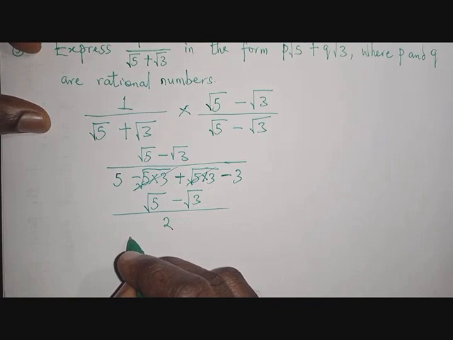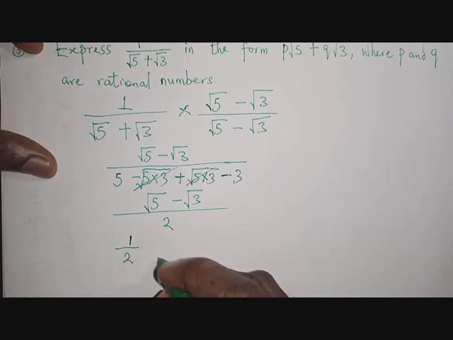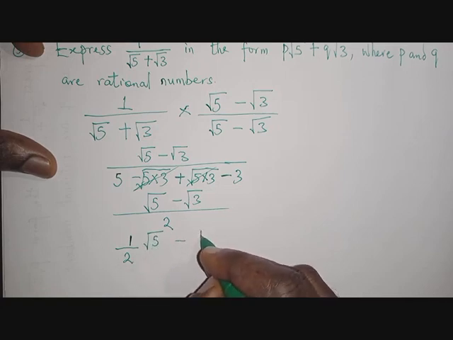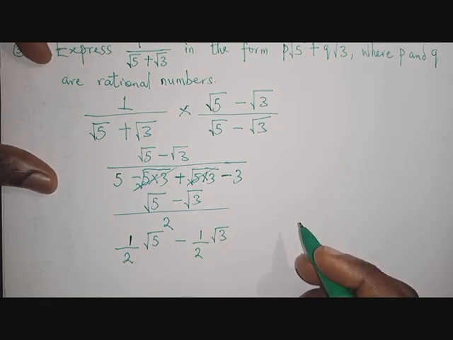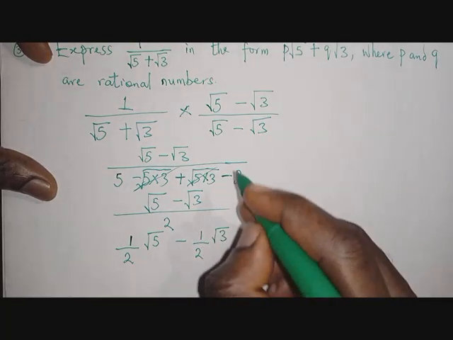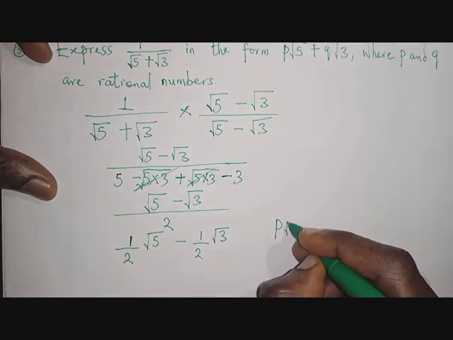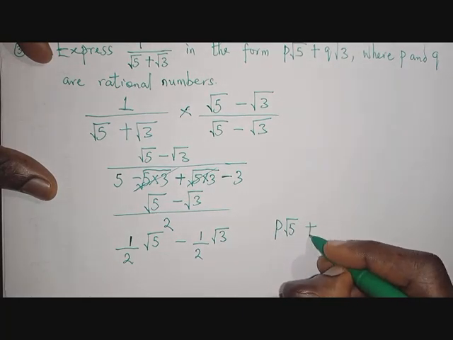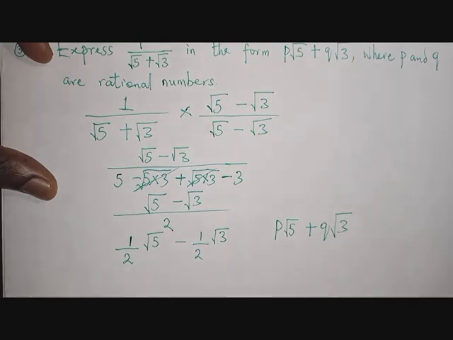So this is like saying we have 1 over 2 root 5 minus 1 over 2 root 3. As you can see, we have it in the form p root 5 plus q root 3.